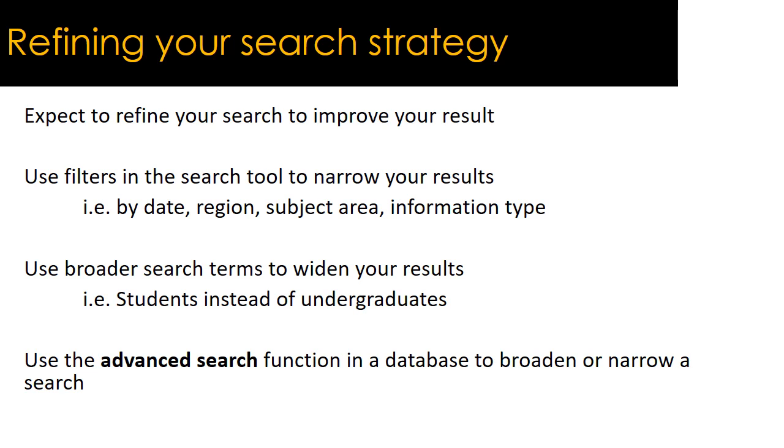You might also consider using broader search terms to widen your results. So for example, in our search, you may use students instead of undergraduates. You can also look at the advanced search function in a database to help you broaden or narrow the search by selecting different fields to search on. Let's demonstrate this in Scopus.